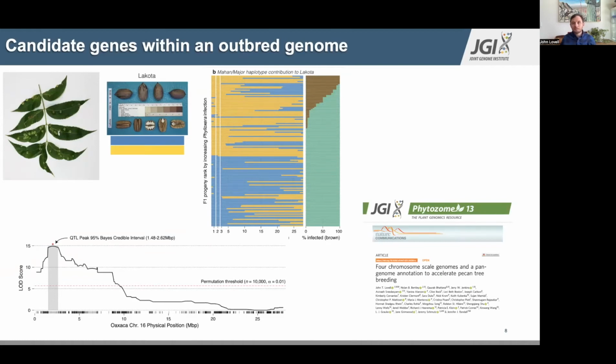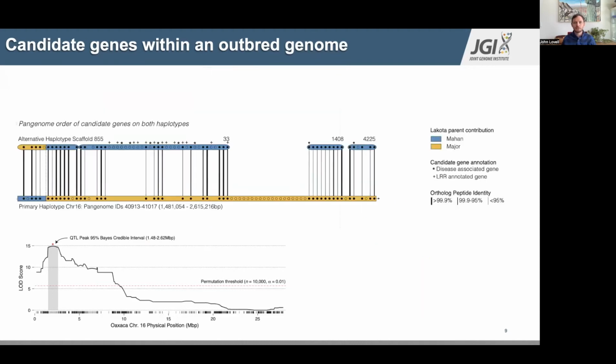Since we have an outbred assembly for Lakota, meaning that we have both haplotypes represented, we can phase our contigs in the assembly by whether they are susceptible to gall, which is the yellow haplotype, or resistant to it, which is the blue. So we did this for this 1.2 megabase region, here depicted on the top. The primary haplotype, which is the main assembly, that's what you would normally only see in an inbred assembly, runs along the bottom, and you can see it's primarily the susceptible haplotype.